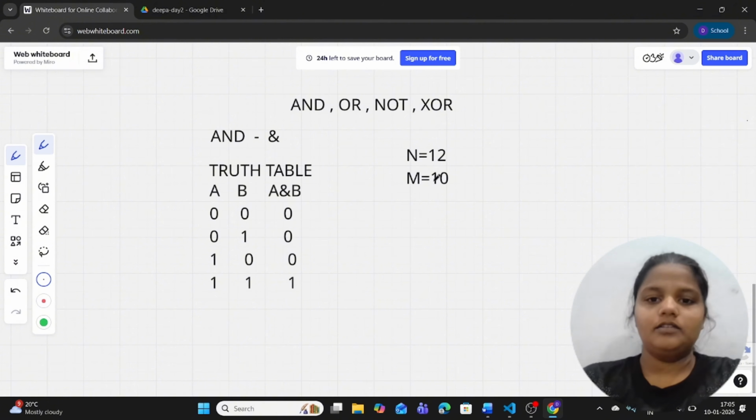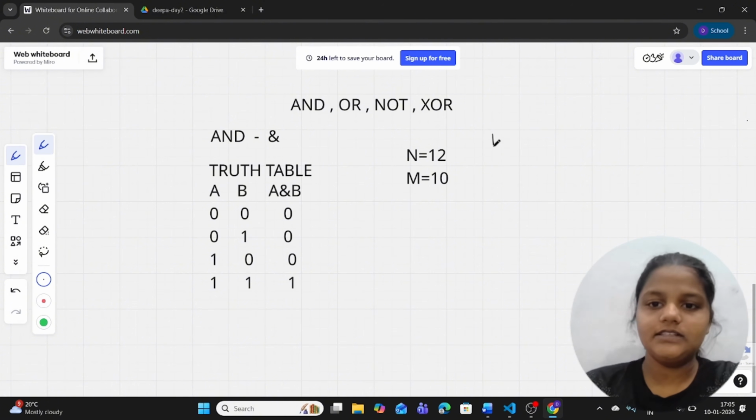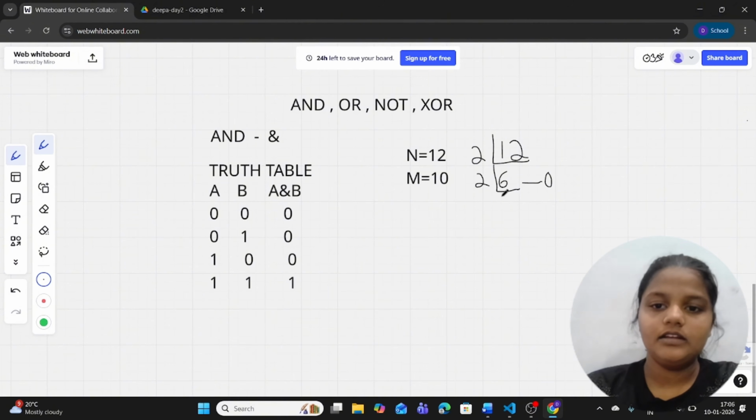So first we want to convert this into binary number, right? So first I'm taking 12 and we want to divide it by 2, right? Then 2 6s are 12, then our remainder will be 0. Then again we want to divide it by 2. Now 2 3s are 6, the remainder will be 0.